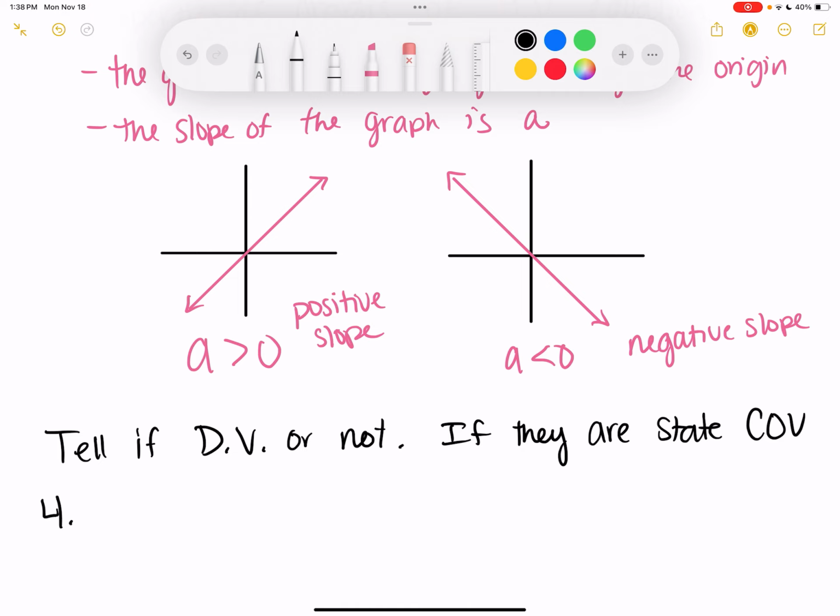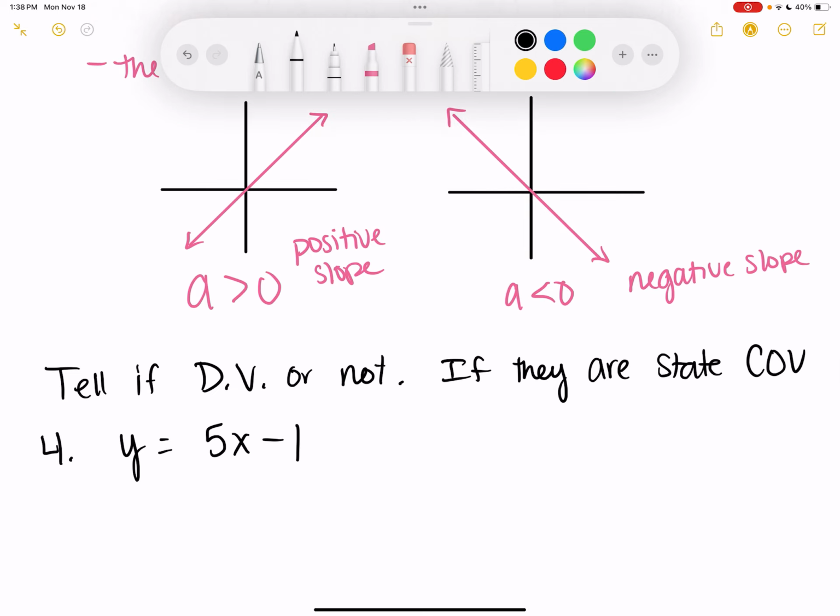So for y equals 5x minus 1, do we think this is direct variation? No, it is not. Why? Because it has the minus 1. Direct variation has to be y equals ax. This is not that, so all you have to write is not DV.